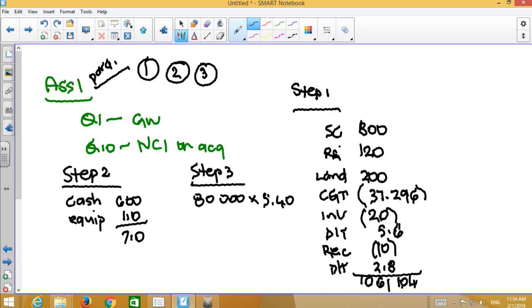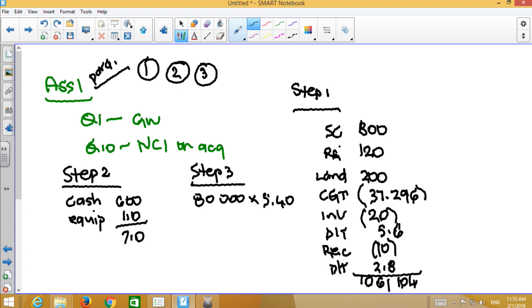There would be a premium for control. All of those would then be paid extra. So when we look at what the parent in this case is paying for 60% of the shares, it's going to be more than 5 Rand 40 a share, otherwise it doesn't make sense. Do you agree?